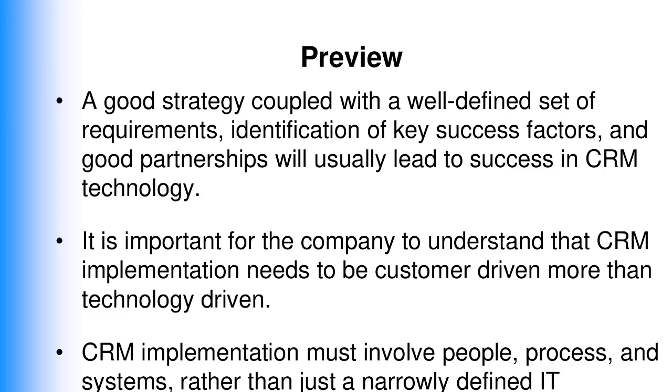And the next point is, CRM implementation must involve people, process, and systems, rather than just a narrowly defined IT. So we should not depend only on the software we have now; it should be combined with three aspects: the people, process, and systems.